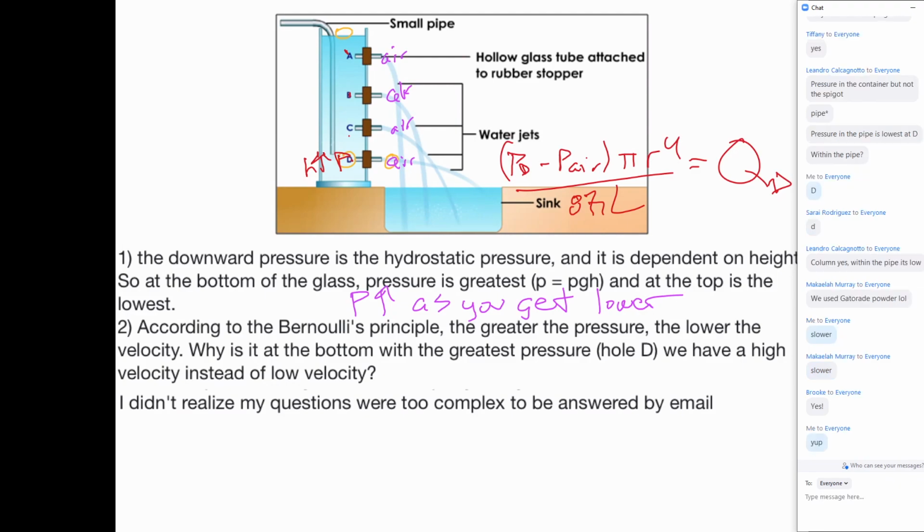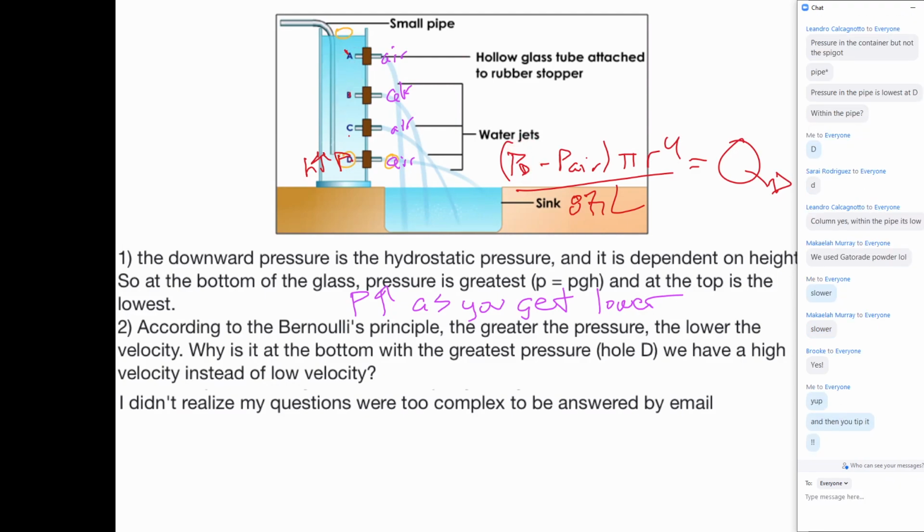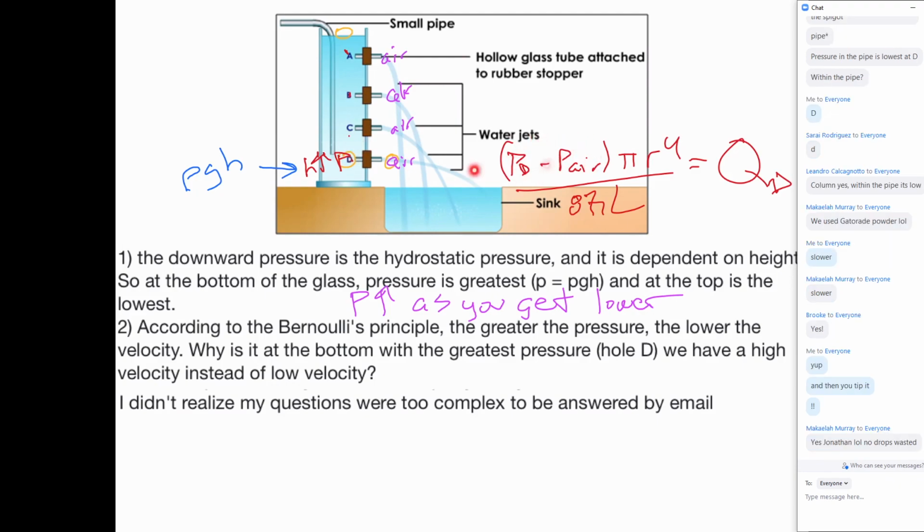That's because the pressure at that point, as the level gets lower and lower, rho g h, as this drains out, that height gets lower and lower, it pushes less and less until finally when it's empty, they're equal. You had no drops wasted. Same with us.